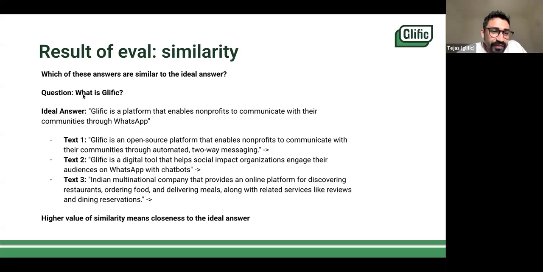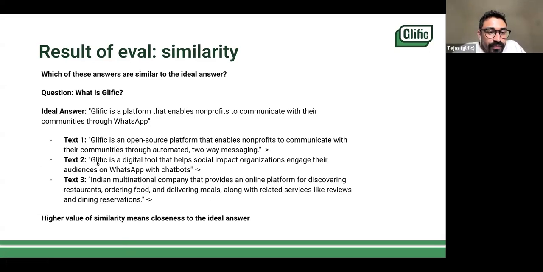To give an example, if the question is what is Glific, and the ideal answer I want to give is Glific is a platform that enables nonprofits, etc., to communicate through WhatsApp. There are three texts here. Text three, an Indian multinational company that provides an online platform for restaurant discovery and food ordering, will obviously score the least because the meaning is very different.